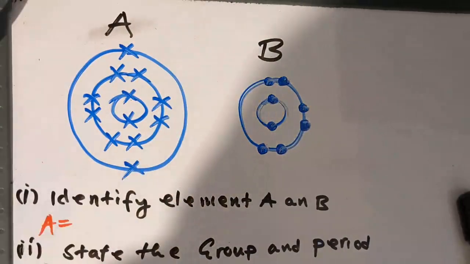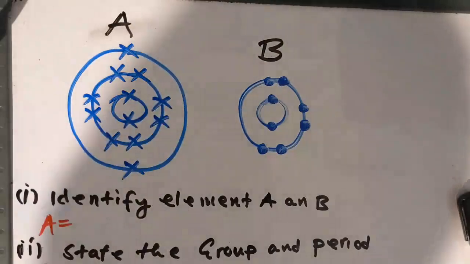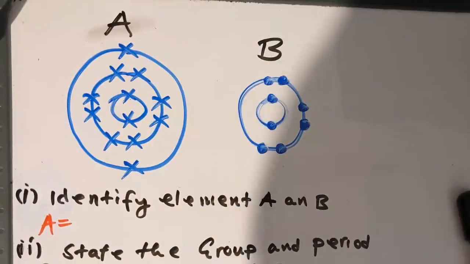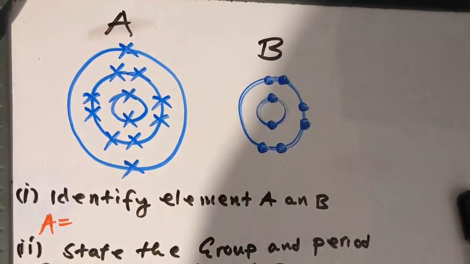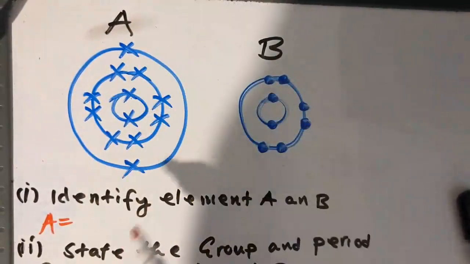Then you check on the periodic table, okay? It will tell you the element. All right, so these are the electrons that are here, okay?